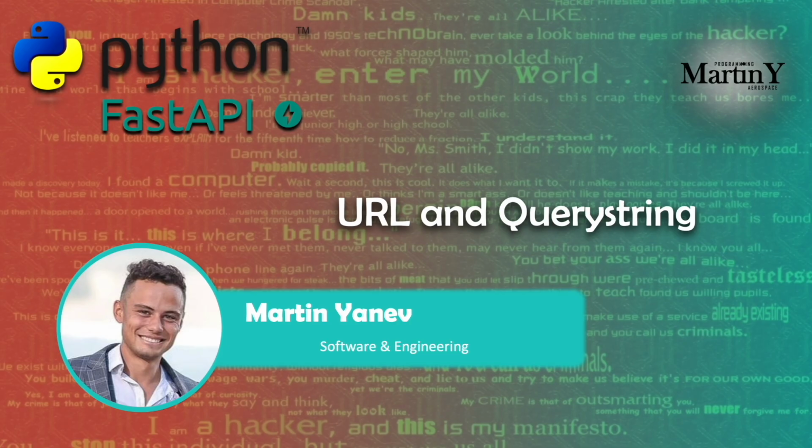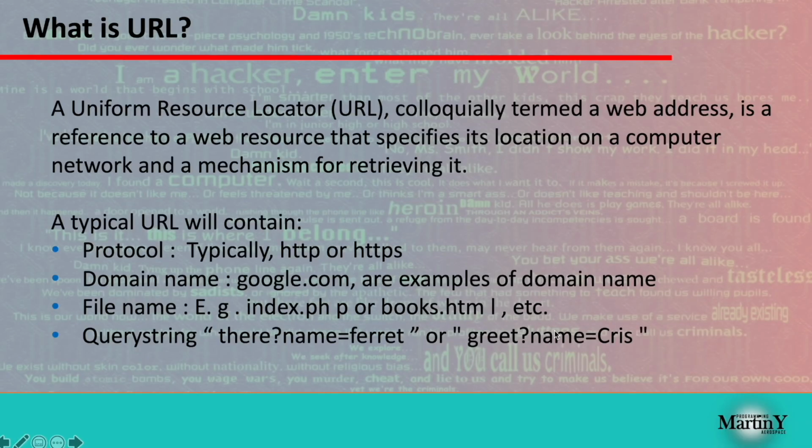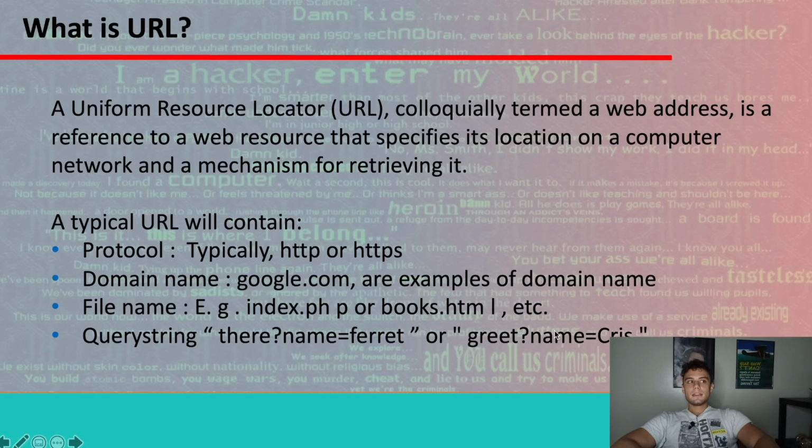URL and query string. Hi guys, and welcome back to the course. In today's video, we're going to start by learning more specifically what is URL, why we use it, and what is query string. So as you probably know, or maybe you don't, URL is Uniform Resource Locator.